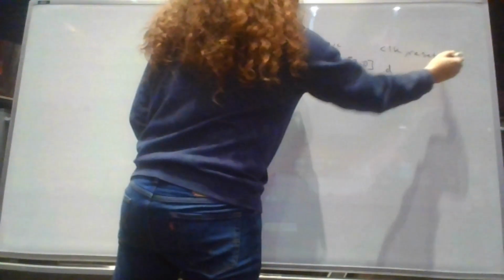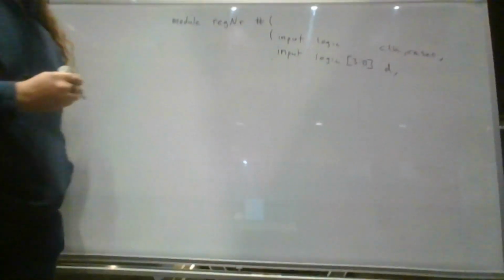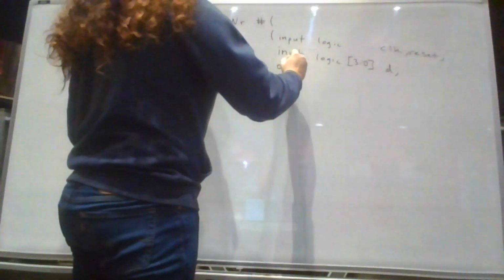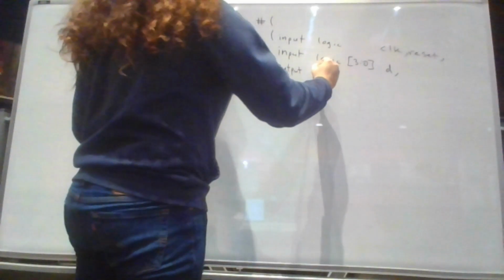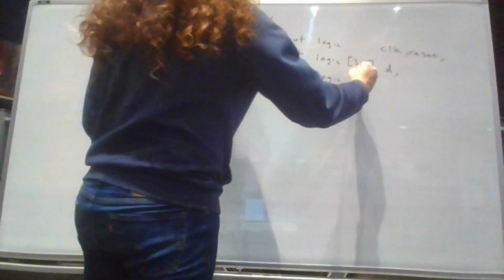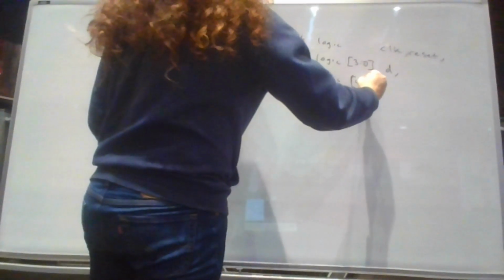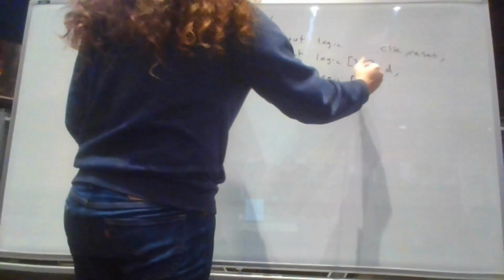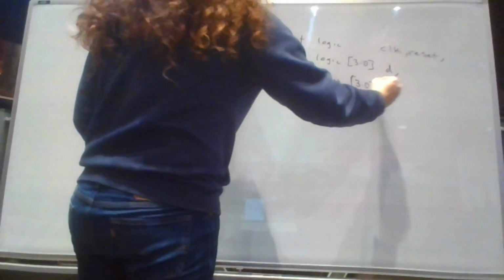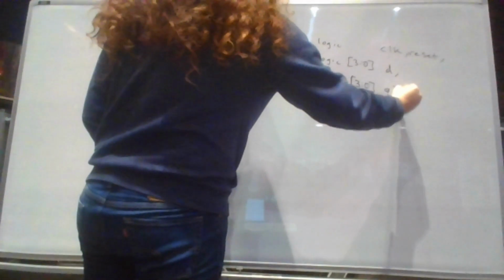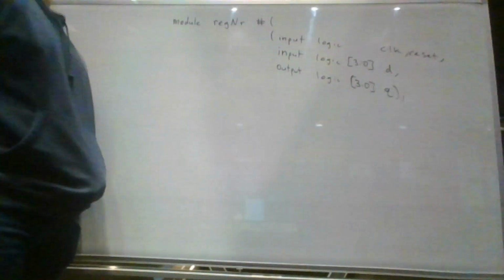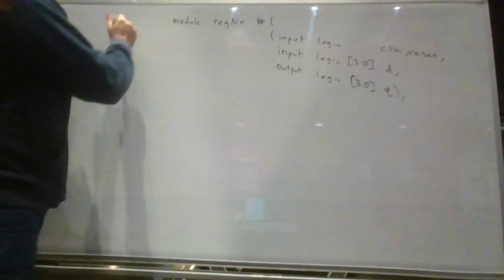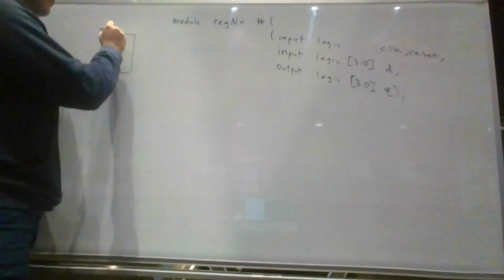I missed a comma. The last thing I'm going to add is the output, which is called Q. So that's my port list. I have a 4-bit flip-flop here, so what this eventually instantiates looks like this.